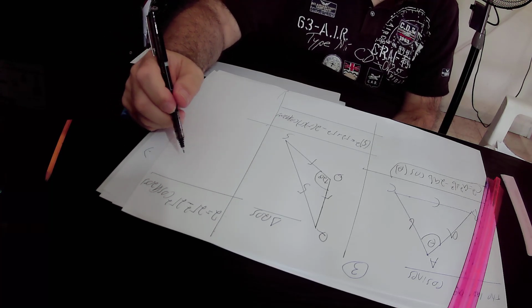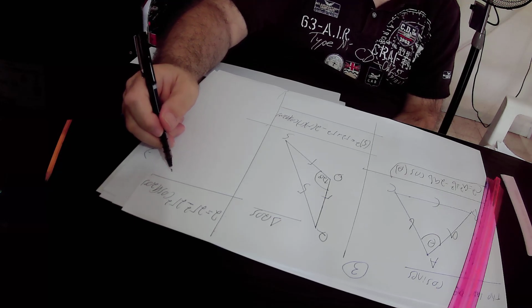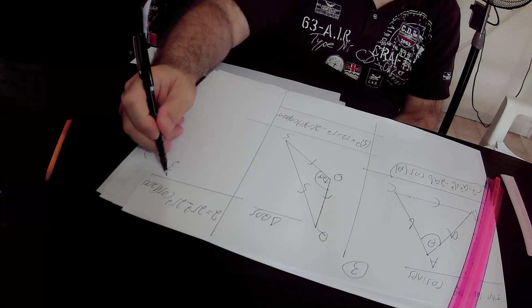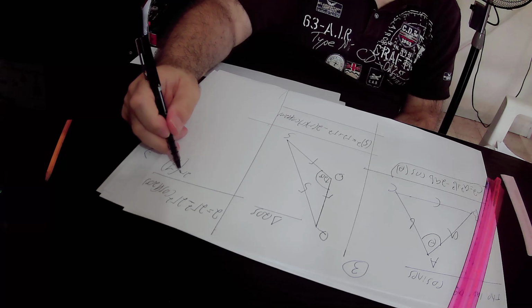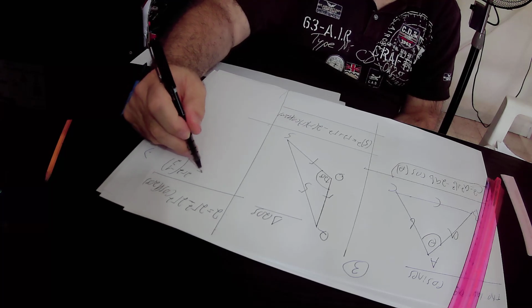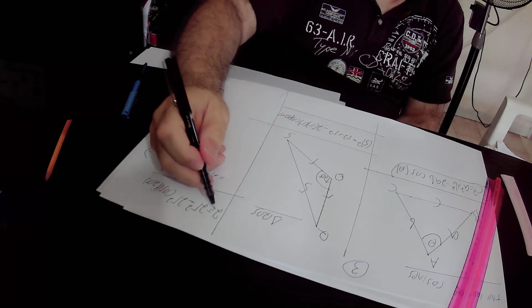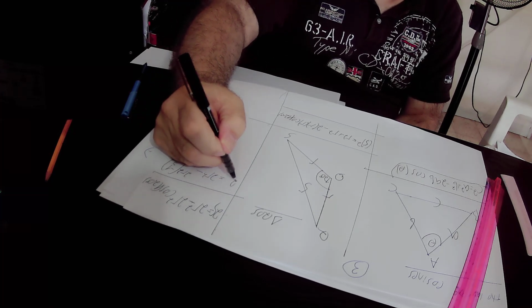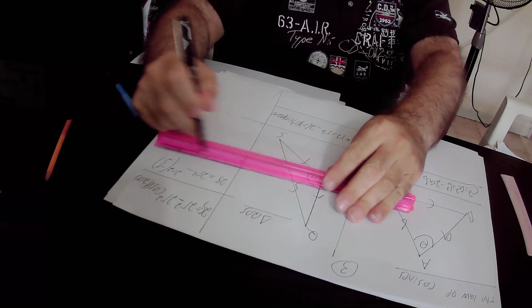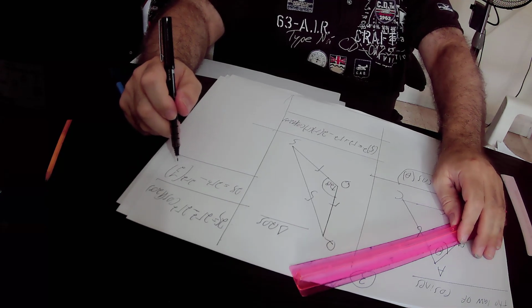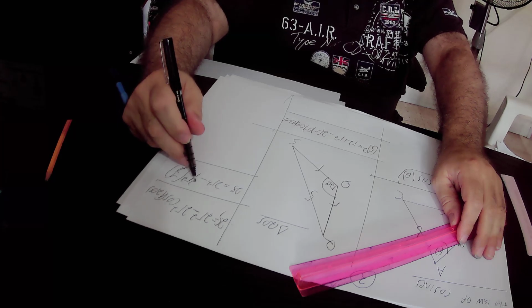Here cosine 120 degrees equals minus 1/2 times 2r squared, so we have 2 in the numerator and 2 in the denominator, so 2 will get cancelled.